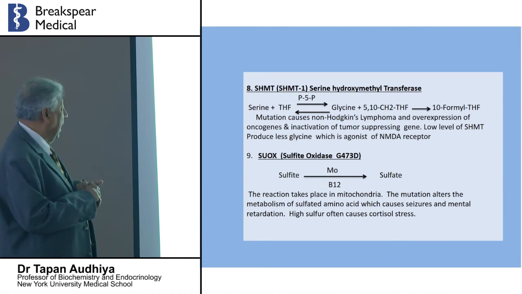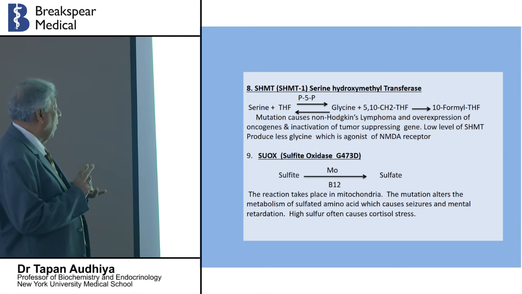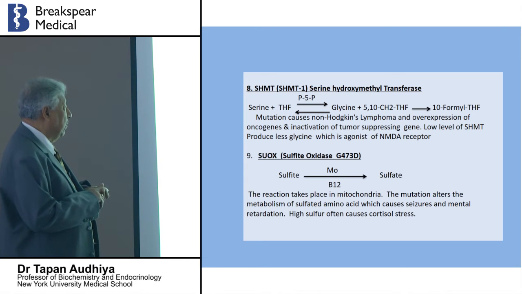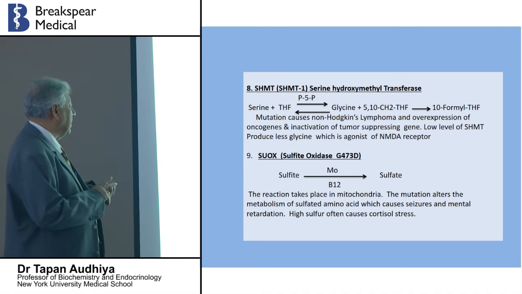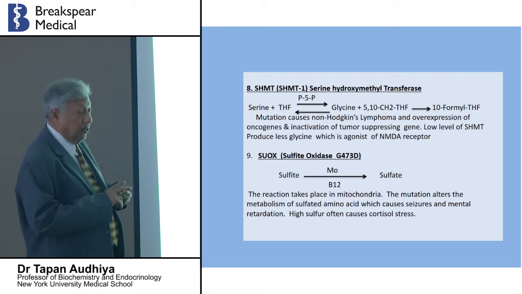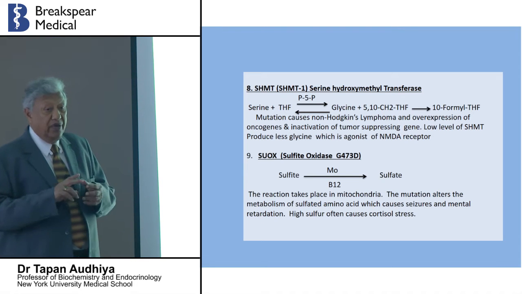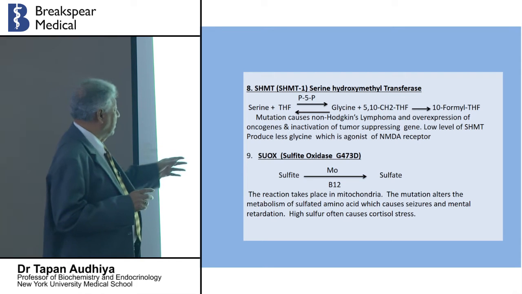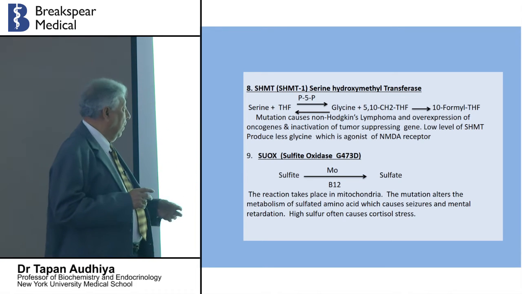Non-Hodgkin's lymphoma and overexpression of oncogenes and inactivation of tumor suppressing genes, low level of it will produce less glycine, which is an agonist of the NMDA receptor. So all biochemical processes, everything can change with this kind of mutation here.